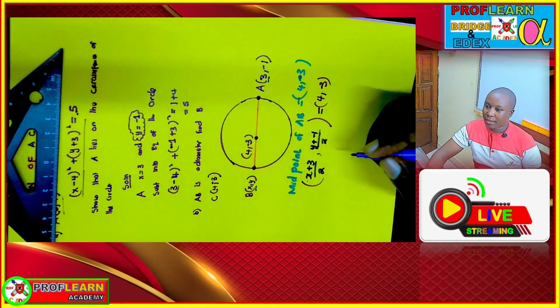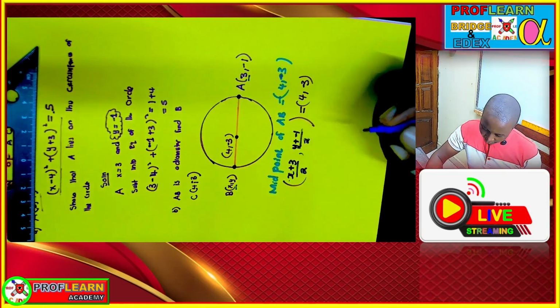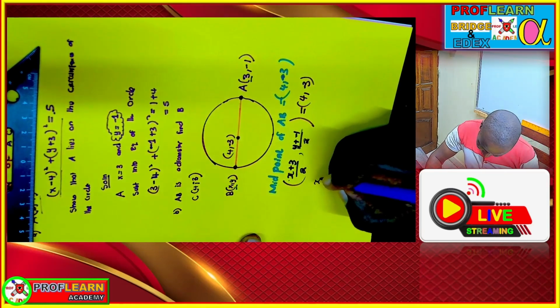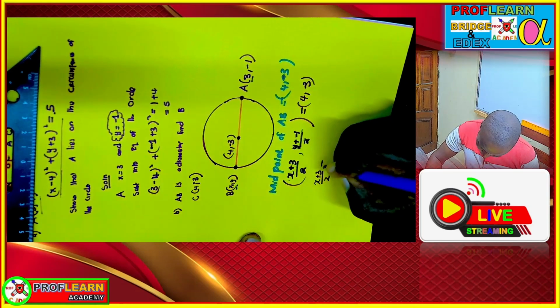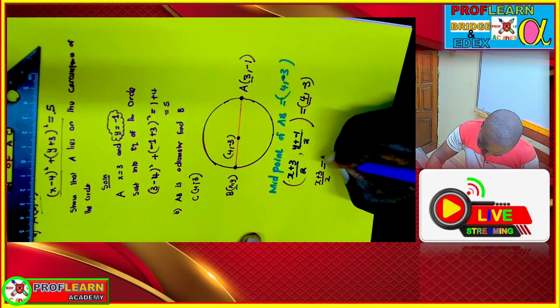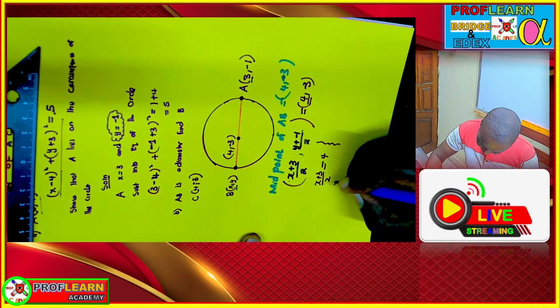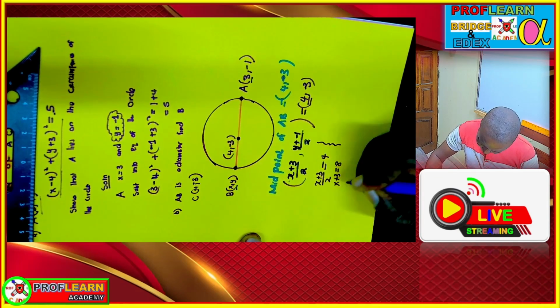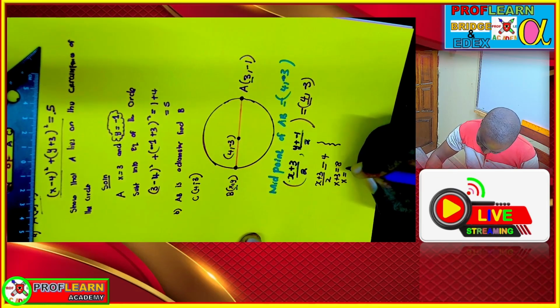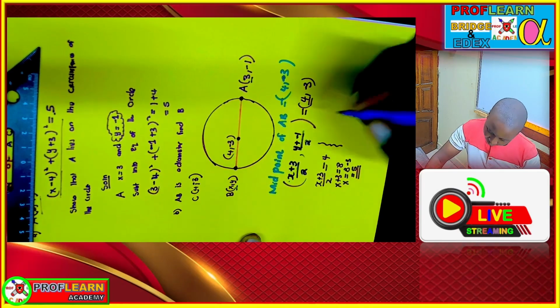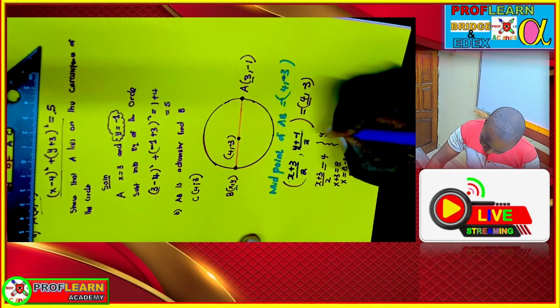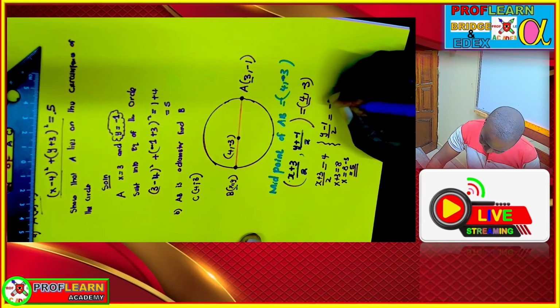So for the interest of time, we can say (x plus 3) over 2 should be equal to the x coordinate, which is 4, and if you work it out you get x plus 3 is equal to 8. So x is equal to 8 minus 3, which is 5. And (y minus 1) over 2 is equal to minus 3.